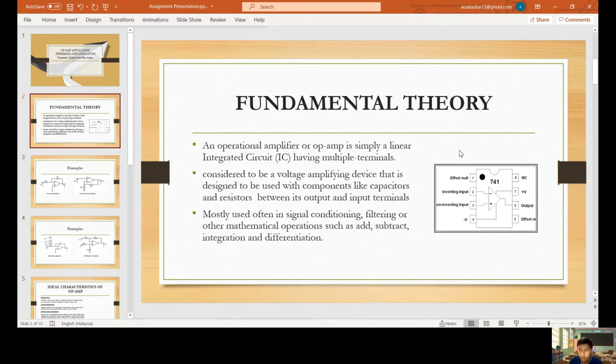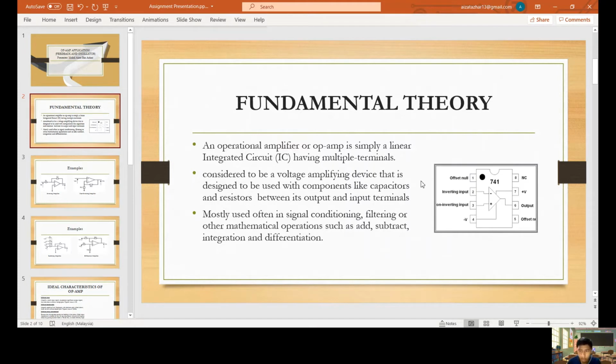As we look at the figure, this is the op-amp component. An op-amp is also considered to be a voltage amplifying device that is designed to be used with components like capacitors and resistors between its output and input terminals.